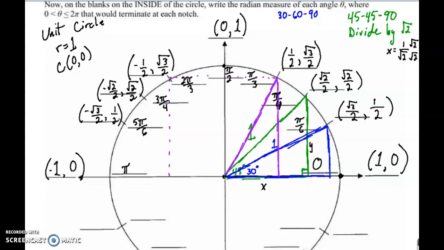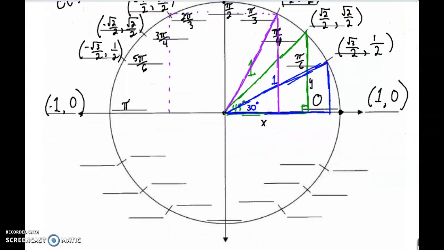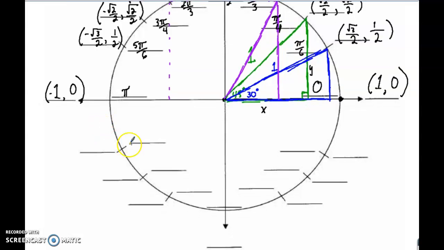And I can do the same exact reasoning getting into the third quadrant. Again, remember our rules. You might want to rewatch the first video, or maybe you can Google if you don't like my reasoning for any of these. But if we're in the third quadrant, not only is the x coordinate negative, but so is the y coordinate.